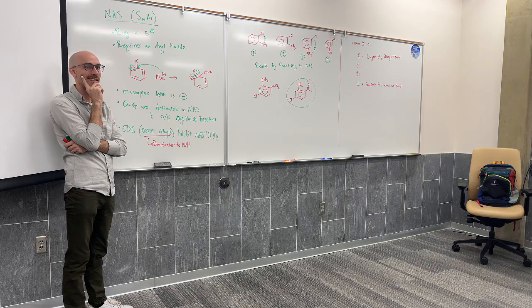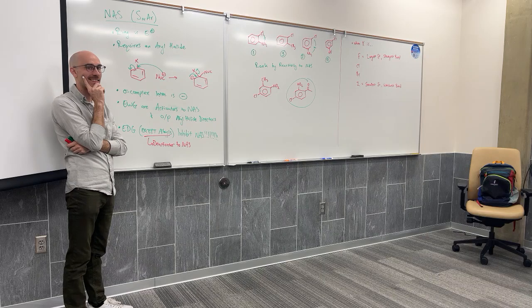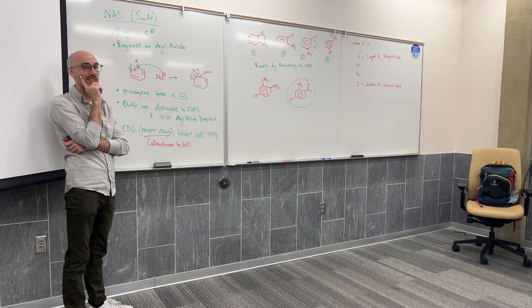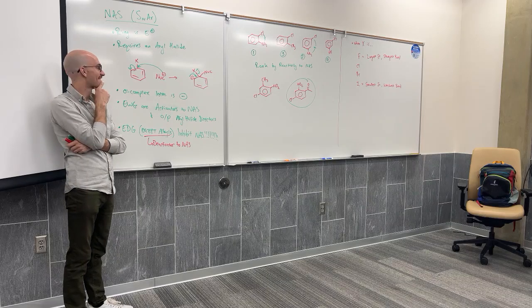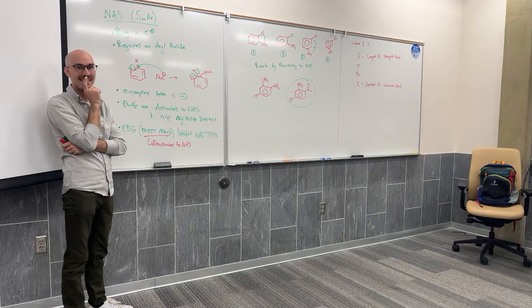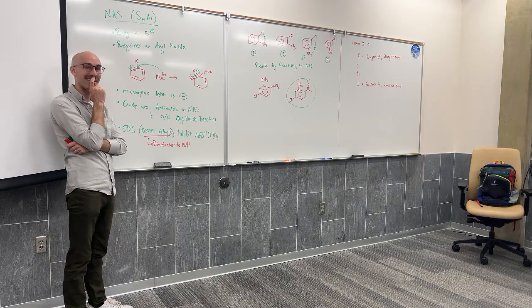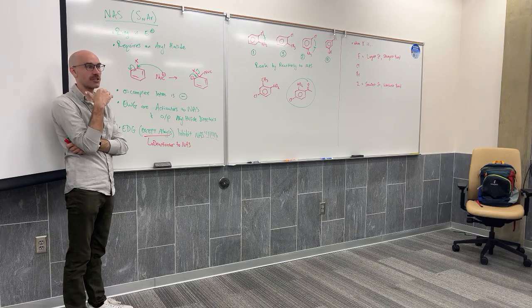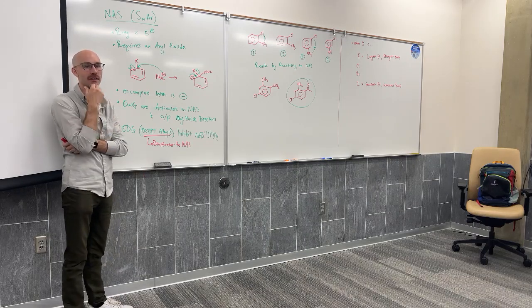Why? It has a charge, and it's a good start. It has to take on a charge, so it's hard for it to break that bond and take on a charge.